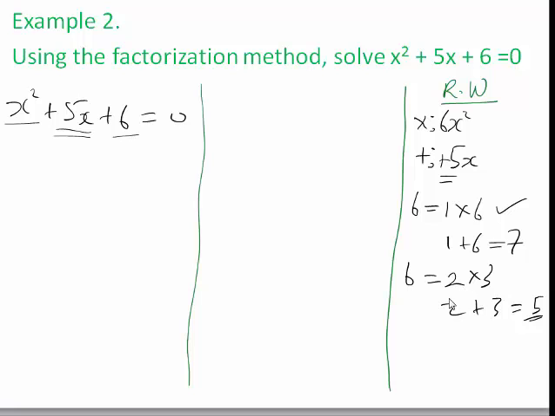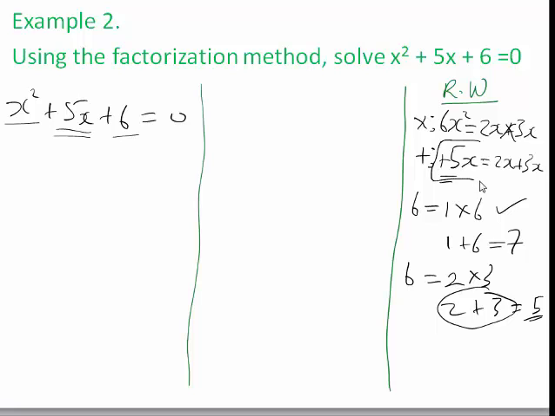So instead of writing 5, we write this. Once we do that, we will be able to factorize. So that means 6x squared is 2x times 3x. Okay, so we now go back to the equation.